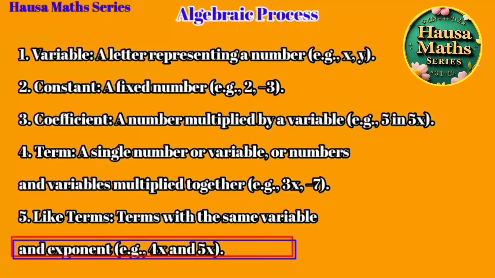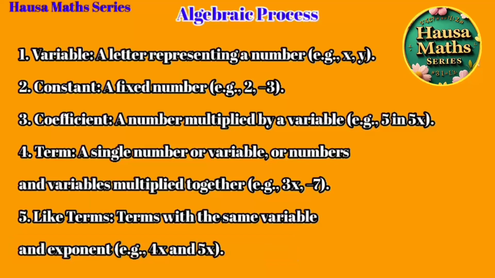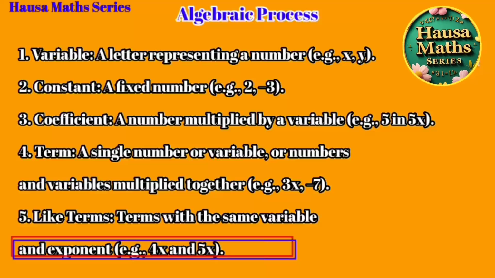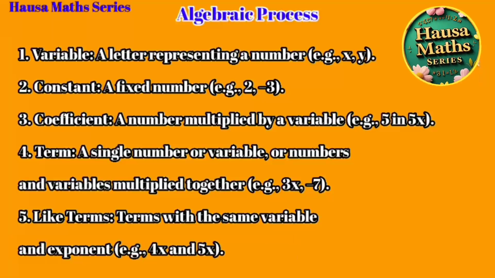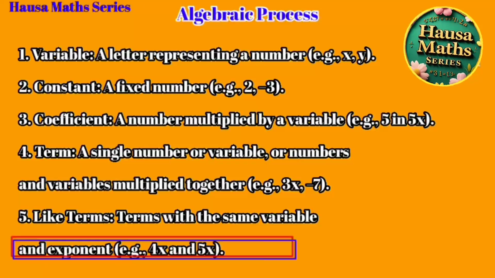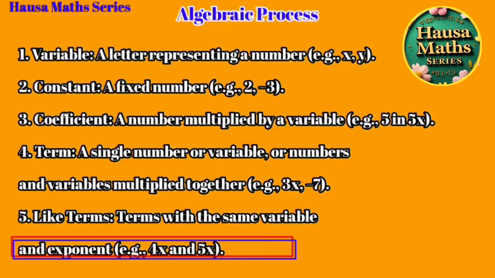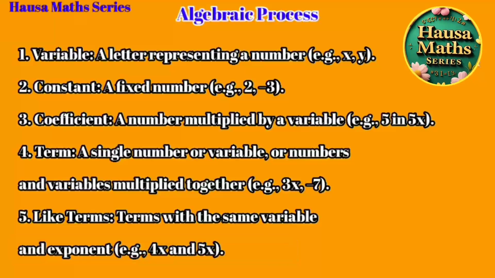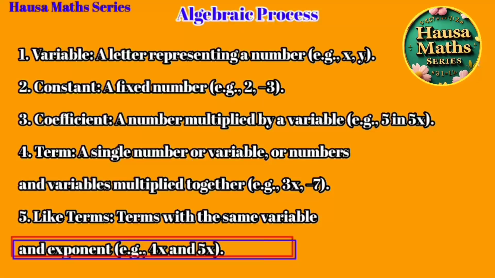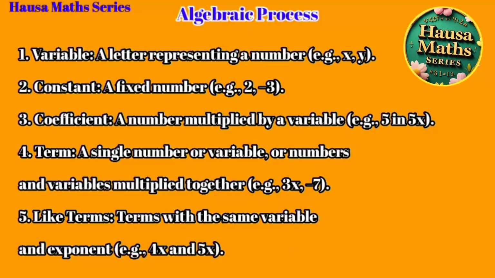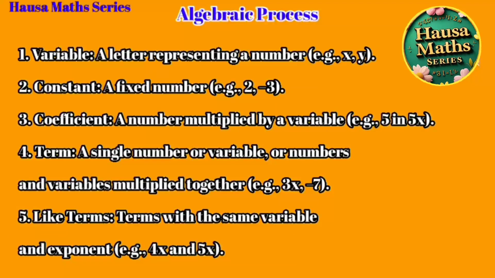These 4x and 5x are like terms, so you can add them together to give a complete 9x. Like terms can easily be added, and if they are not like terms, you can never add them together. Unlike terms cannot be added together.